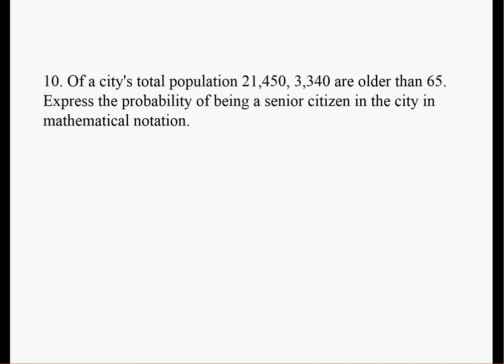Question number 10. Of a city's total population 21,450, 3,340 are older than 65. Express the probability of being a senior citizen in a city in mathematical notation. Now one way to express this probability is probability of being a senior citizen is 3,340 over 21,450, and you break that down, you eventually express that as a percentage number.